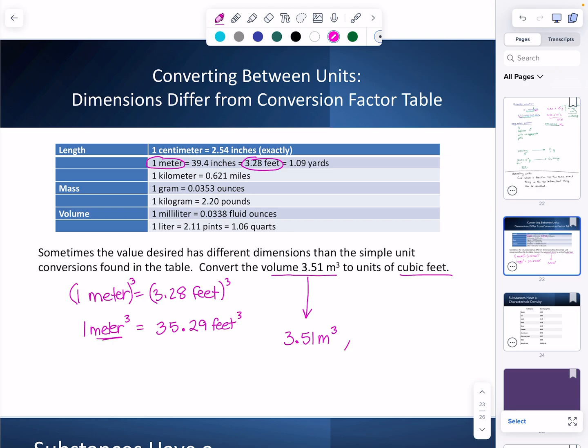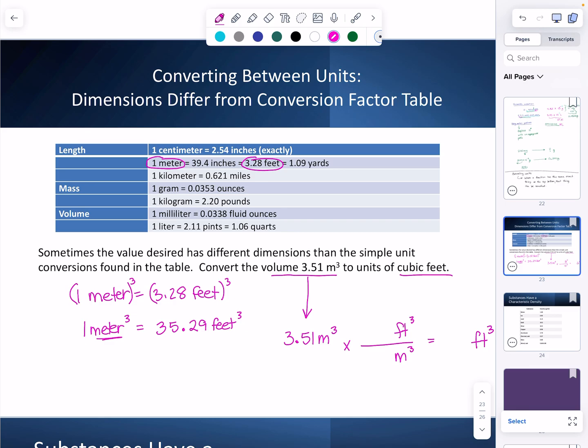And so I want to multiply it by a conversion factor, and I want to wind up with cubic feet. So I've got my conversion factor here. What is going to be on the bottom? What unit is going to be on the bottom first? Is it going to be my meters cubed or my feet cubed? It's going to be the meters cubed, and the feet cubed is going to be up here.